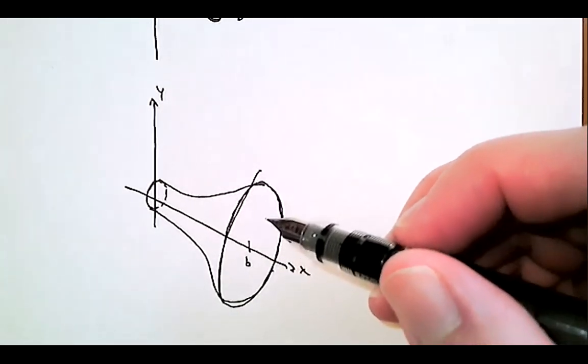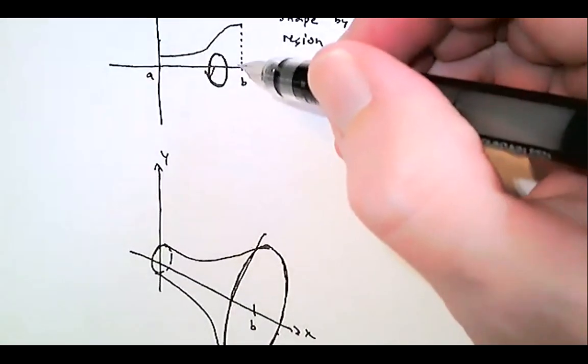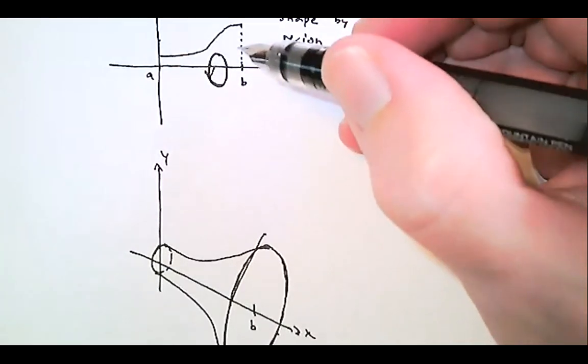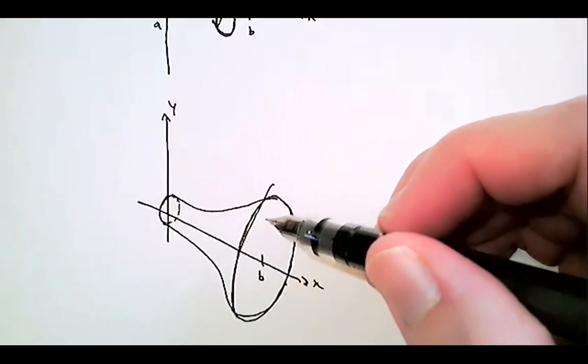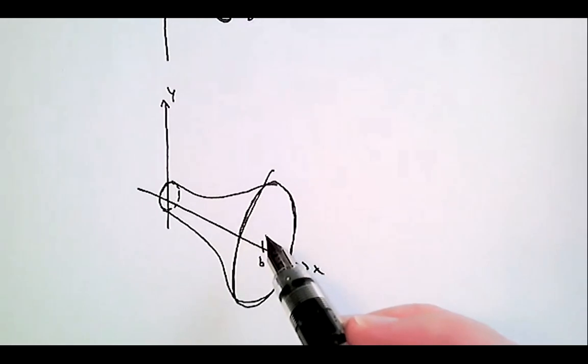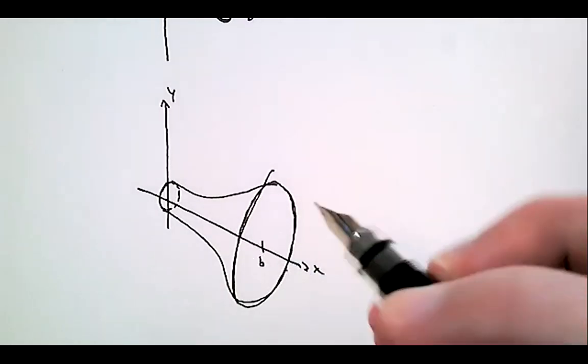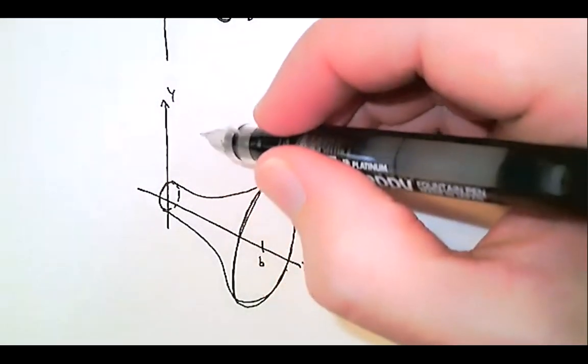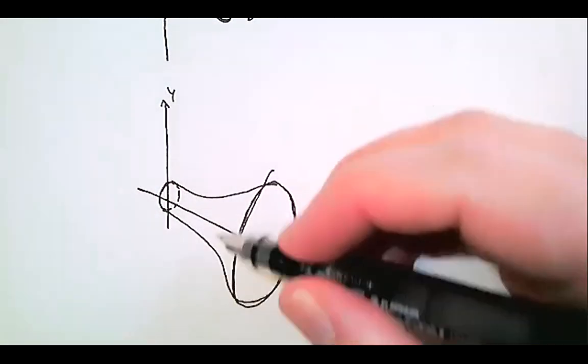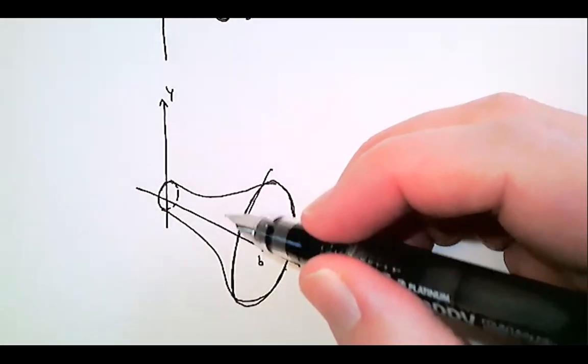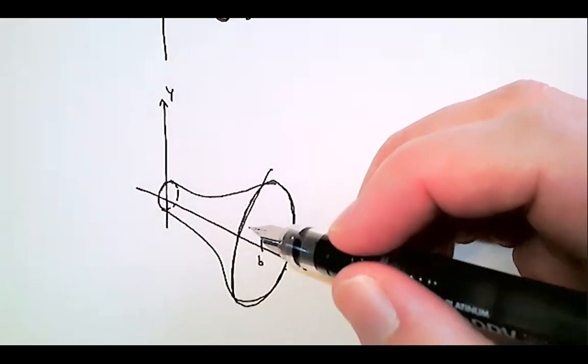So when we rotate this two-dimensional shape to make our three-dimensional solid, we get a solid where all of the cross sections, so if I just drew a plane straight through this and saw what I got, all of the cross sections are going to be circles.